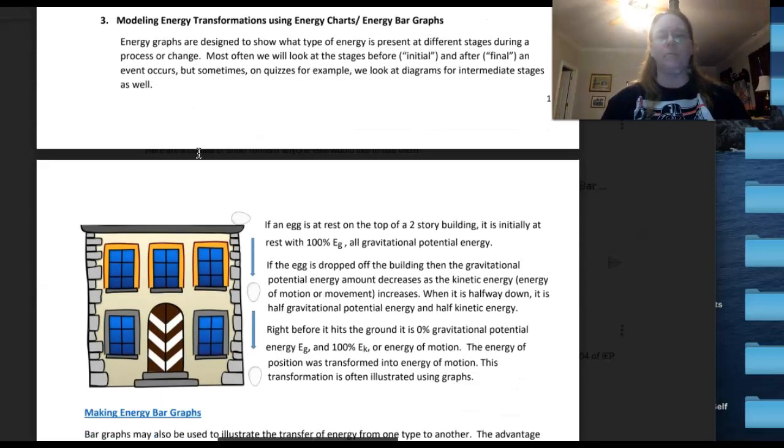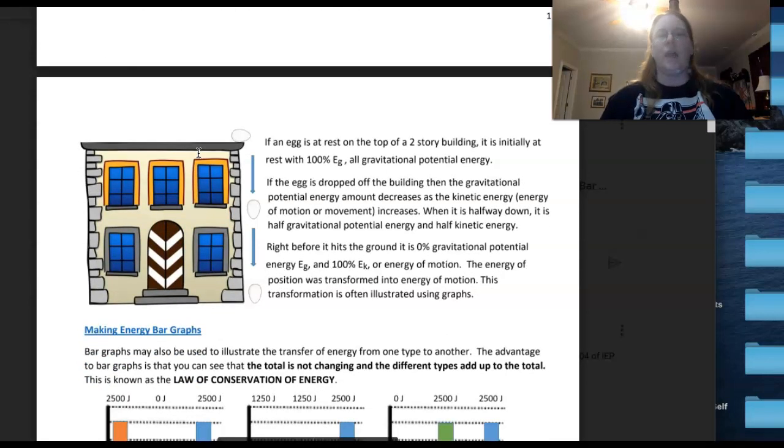If we have an egg at rest at the top of a two-story building, it is initially at rest, meaning it has 100% gravitational potential energy. No kinetic, because they told us it was at rest. If the egg is dropped off the building, then the gravitational potential energy amount decreases as kinetic energy, the energy of motion, begins to increase.